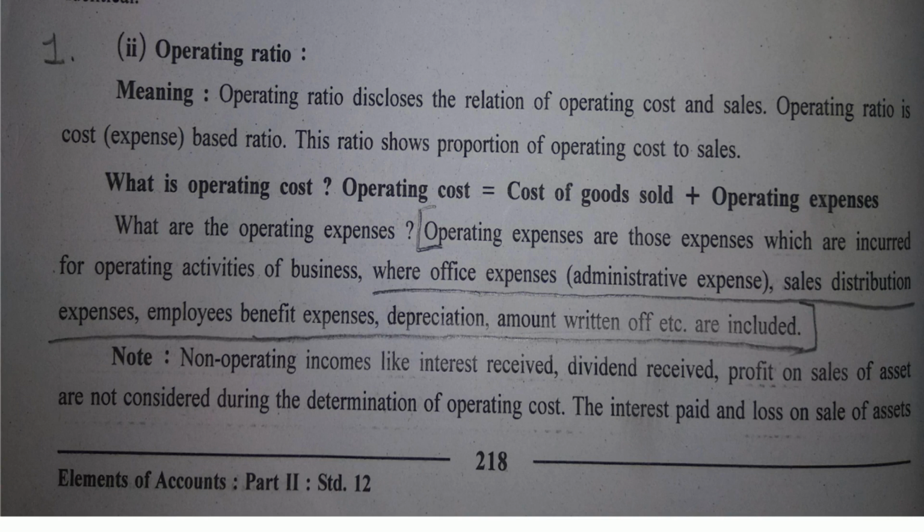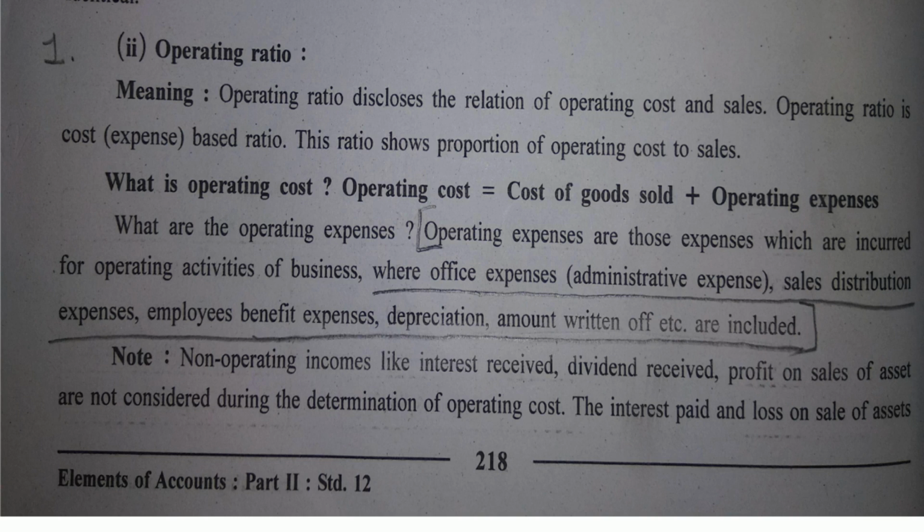What are operating expenses? It is given in the first, second and third line: expenses incurred for operating activities of business. Which expenses are included here? Administrative expenses, sales distribution, employee benefit, depreciation, amount written off, etc.